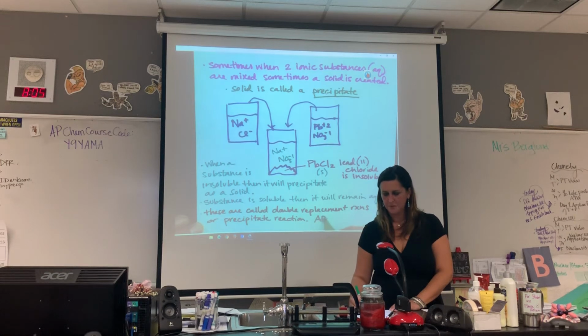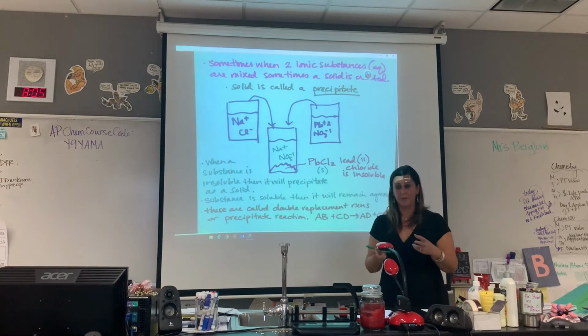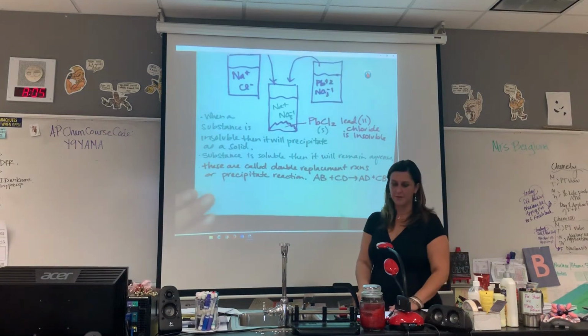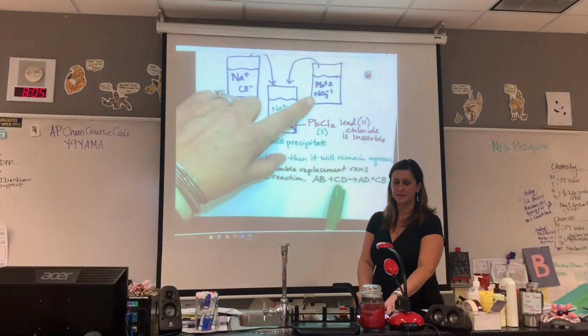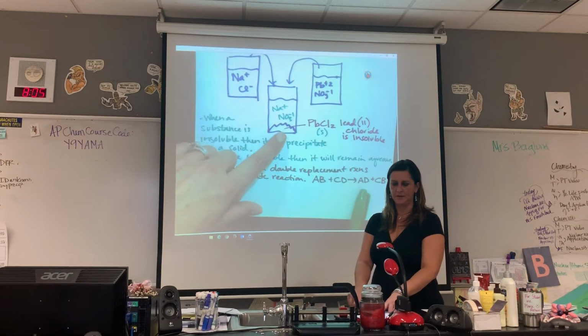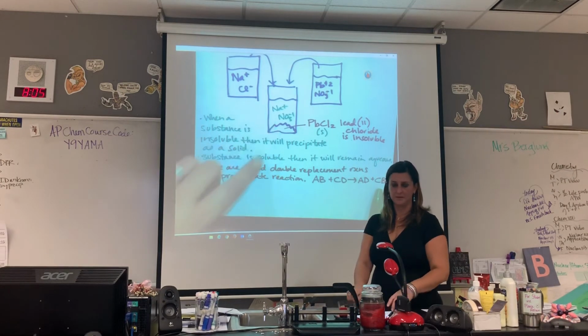And their general form, of course, you guys know this, looks like AD plus CB. So what's going on is the ions are switching who they're partnered with. If we use AB as sodium chloride and CD as lead 2 nitrate, then they switch partners and we end up with the lead 2 chloride here and the sodium nitrate aqueous.